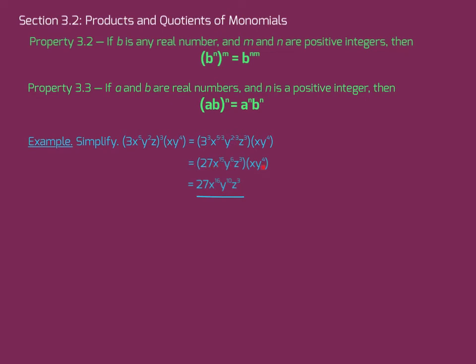Simplifying that, I get this step where I have 27, x to the 15th, y to the 6th, z cubed. Again, I still have this x y to the 4th hanging out over here. And then I can combine everything using property 3.1 from the previous slide, which leads me to my final answer of 27, x to the 16th, y to the 10th, and z cubed. So that product is my final answer. Nice job.